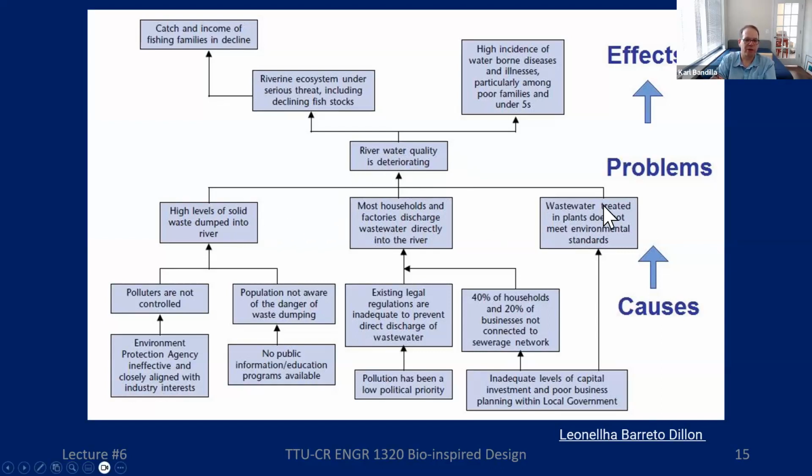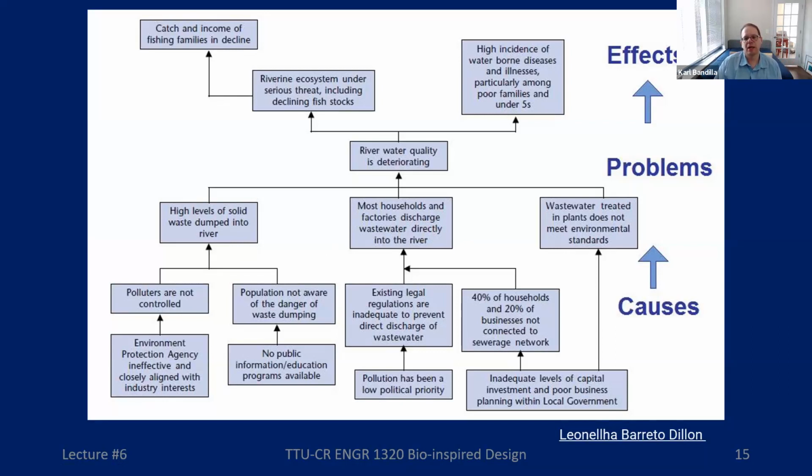So we have three main causes. We have high levels of solid waste dumped into the river. It means kind of like up in Escazú, people are just throwing their garbage straight into the little stream. That's obviously not going to help with the water quality. Another core problem is that most households and factories discharge wastewater directly into the river. Factories maybe not so much, but households up along those little streams in Escazú, that certainly is also the case.